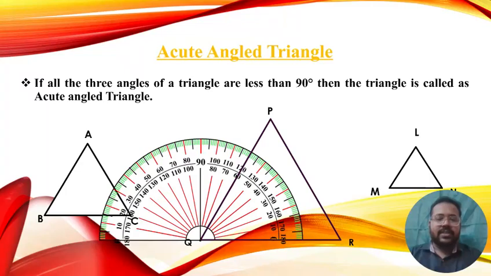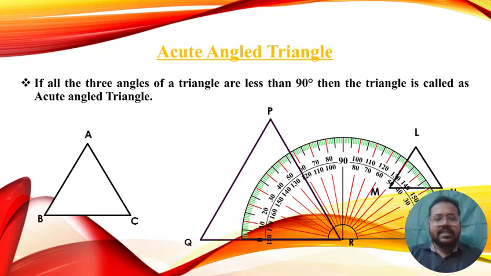I'm aligning the bottom line of the protractor with the side QR and the vertex of the protractor with the vertex Q, as I have to measure the angle PQR. On the protractor you get the reading of 60 degrees, which is less than 90 degrees, and hence it is an acute angle.